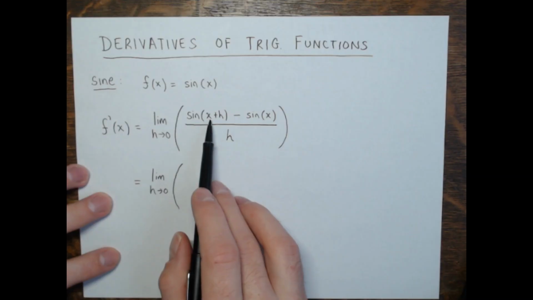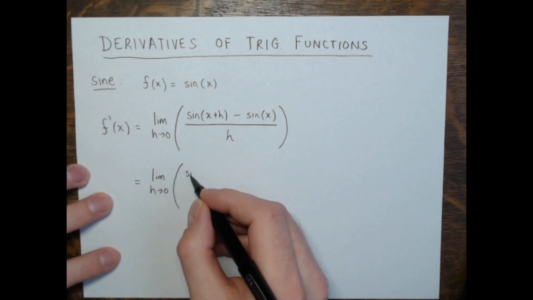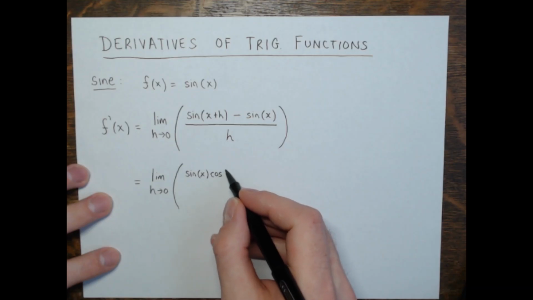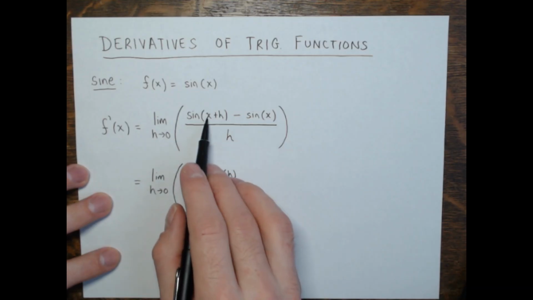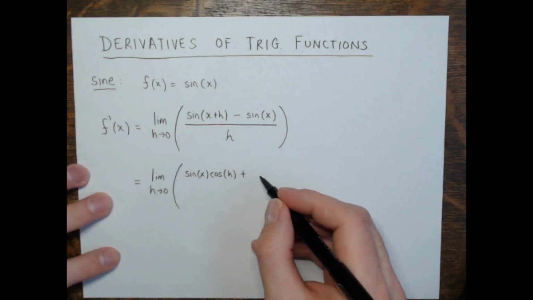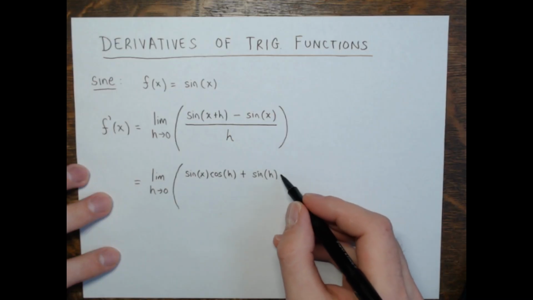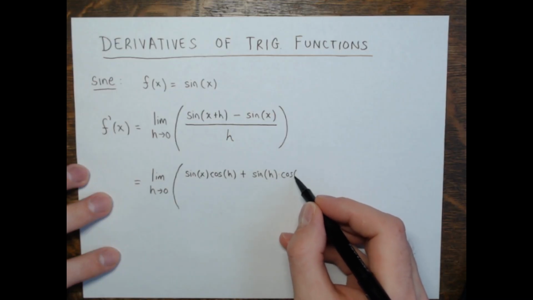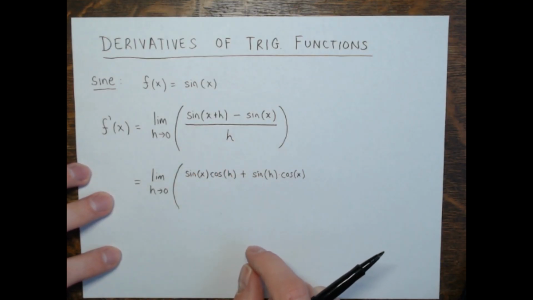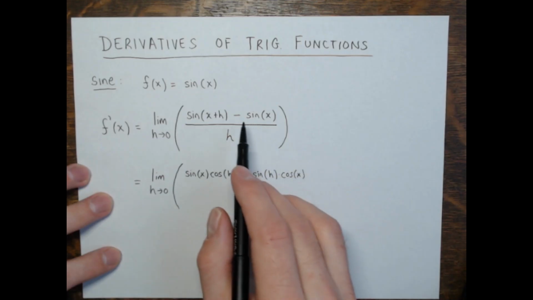But remember, the sine of a sum of two quantities is equivalent to the sine of the first times the cosine of the second, so sine x times cosine h, plus the sine of the second quantity, sine h, times the cosine of the first, cosine x. So hopefully that rings a bell. Again, I'm not going over proving or demonstrating why that is.